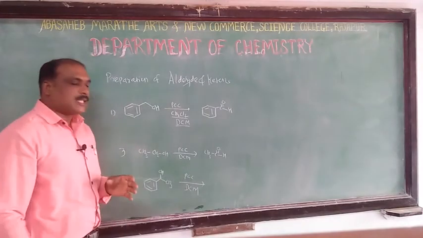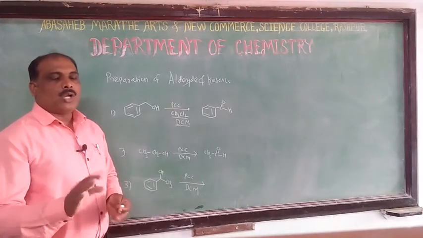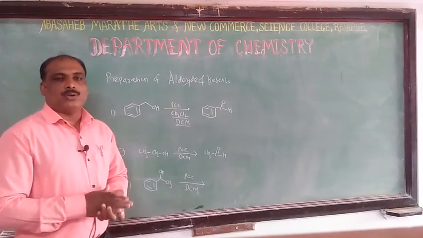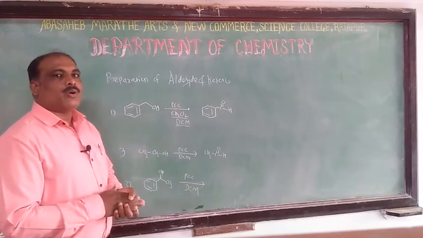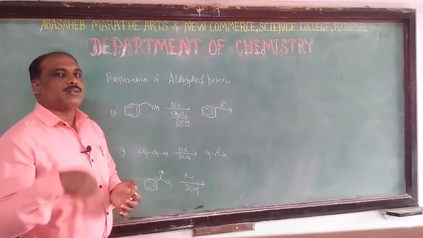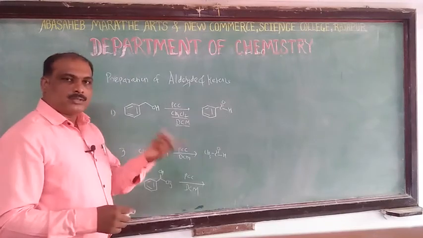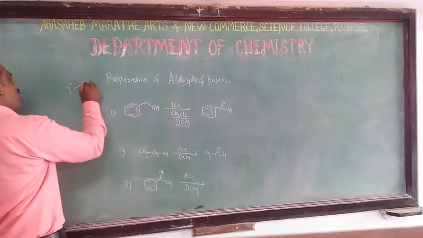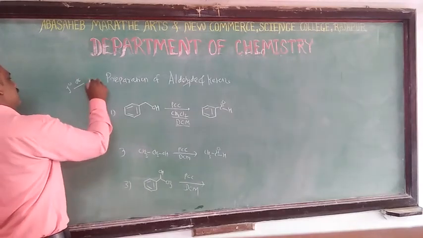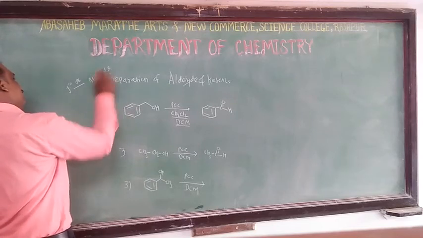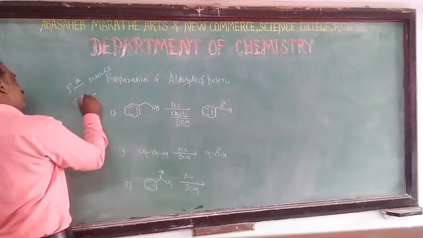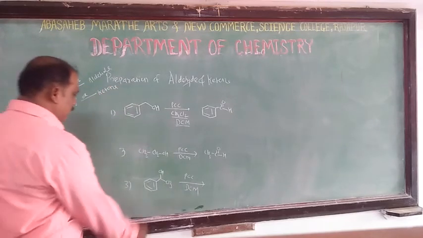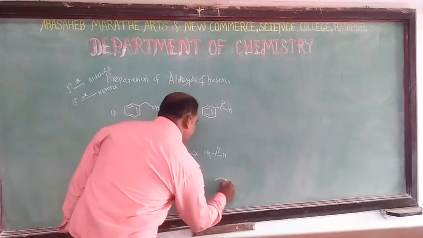Last time we have seen that a primary alcohol on oxidation gives aldehyde, and secondary alcohols on oxidation with an oxidizing agent give ketone. Primary alcohol, oxidation, gives aldehyde. Secondary alcohol, oxidation, gives ketones, right? Therefore, this is a secondary alcohol, so it gives acetophenone.